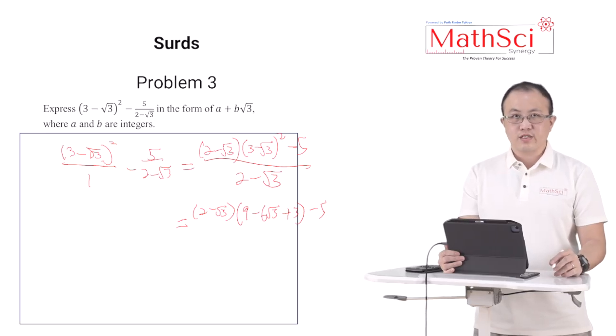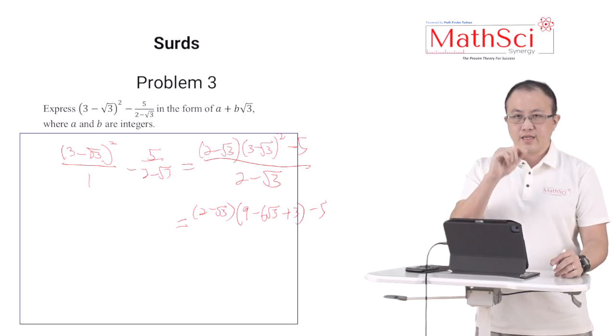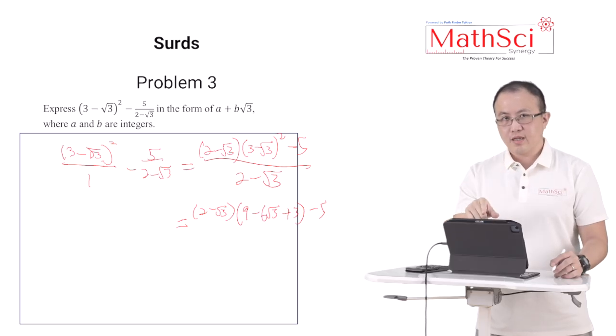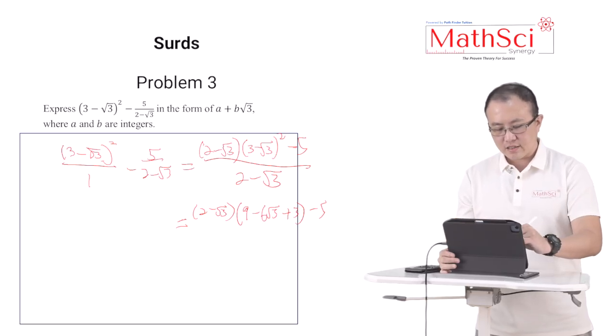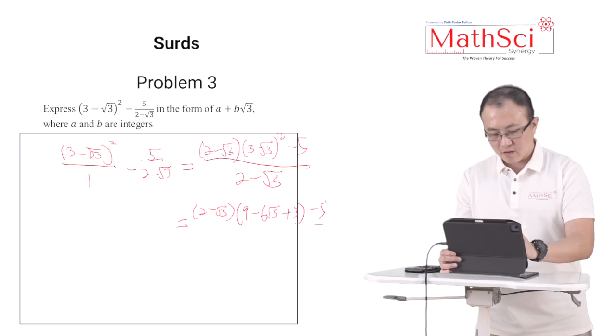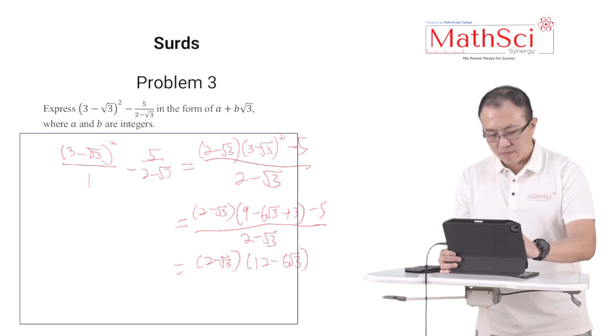Okay, this one is using the formula of a minus b all squared is a square minus 2ab plus b square. Okay, then simplify this a bit. Okay, over 2 minus square root 3, then I will get 2 minus square root 3. Simplifying, I will get 12 minus 6 root 3 minus 5, the whole thing over 2 minus square root 3.